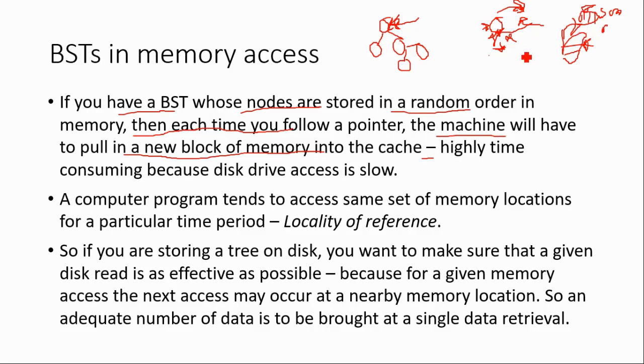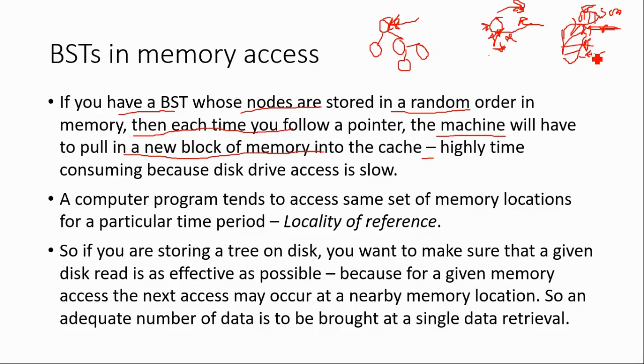Again it wants some data from another location, and again it has to fetch data from secondary memory and send it to the main memory. So on the whole, you have to access the secondary memory again and again.